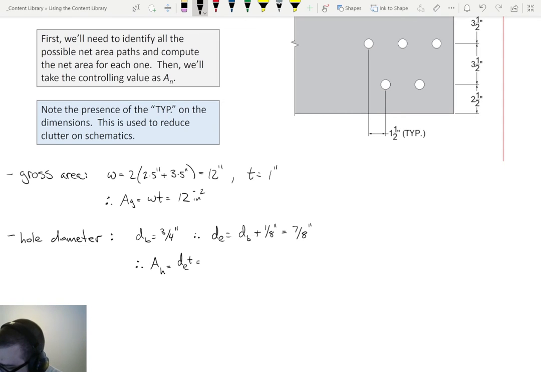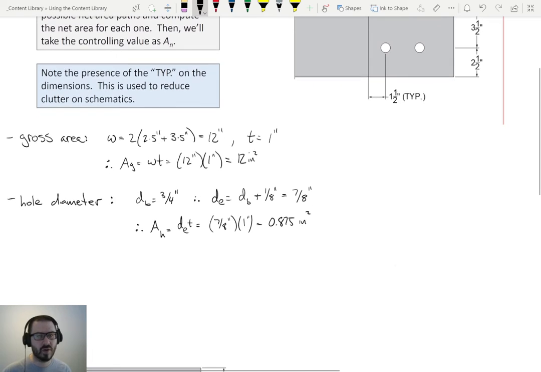This is 7/8 of an inch times 1 inch, which is 0.875 inches squared. Okay, so we've got the gross area, we've got the hole diameter.